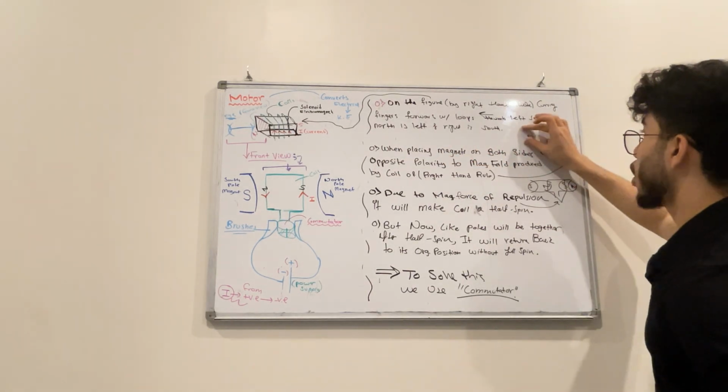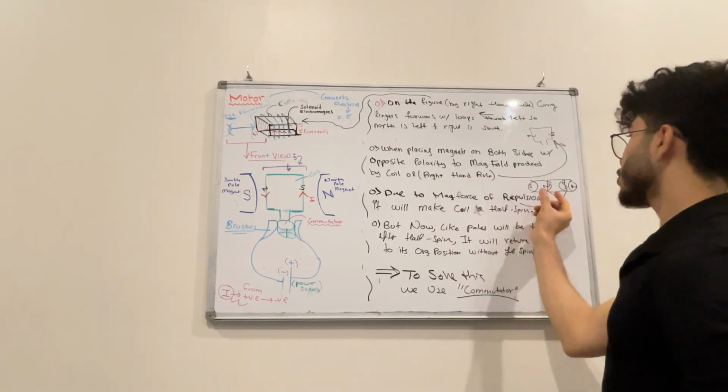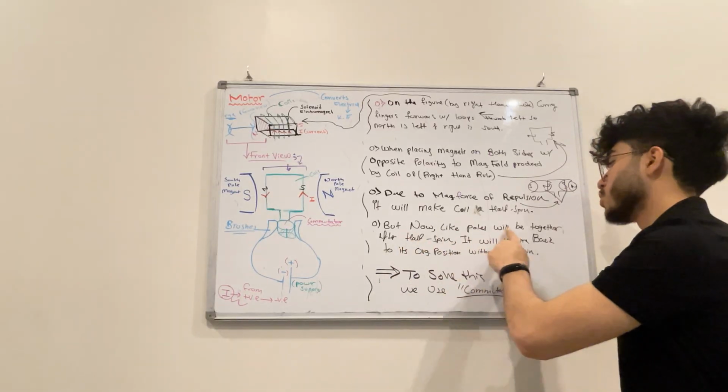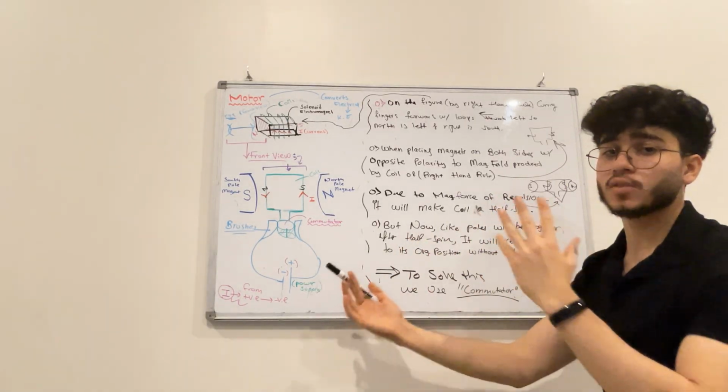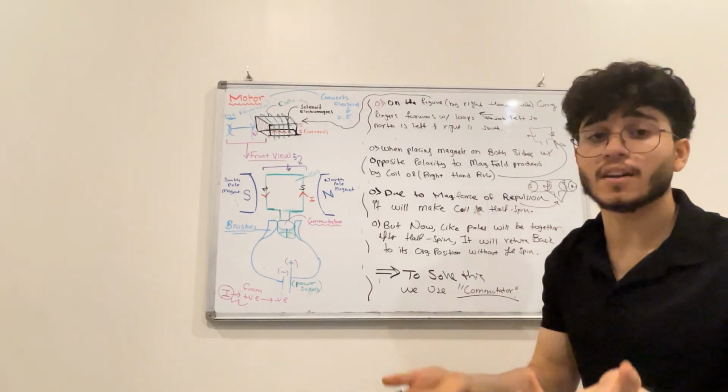If I put magnets with opposite polarity, south and north, due to the magnetic force of repulsion between these, it will make a half spin. But now, like poles will be together and it will go back to its original position. There is no 360-degree rotation, no kinetic energy produced.